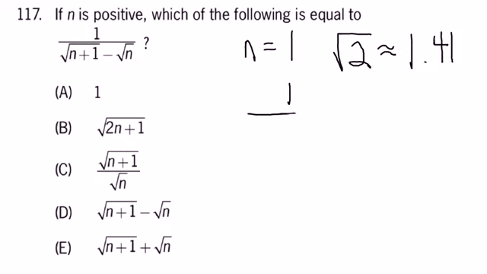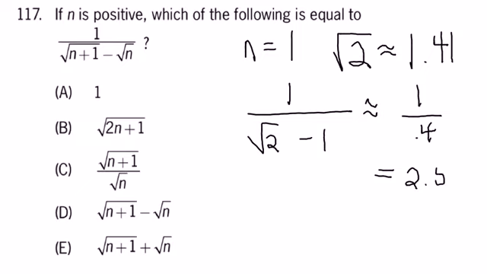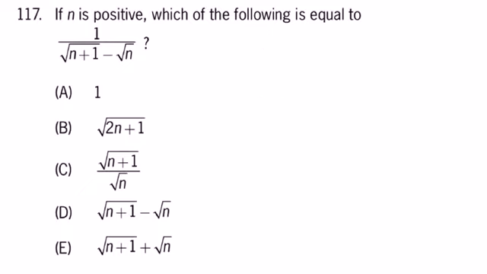So 1 over the square root of 2 minus 1 is about 1 over 0.4, and I'm going to do mental arithmetic that may aggravate you, and that's 2.5. Now, if you just look at all of the answers here, which one of these is going to give us, so we did n equals 1, and I'll just write it out again up here: 1 over root 2 minus 1 is 1 over 0.4, which is about 2.5.